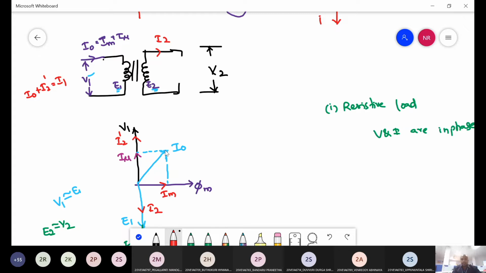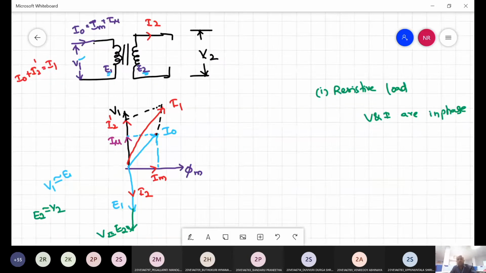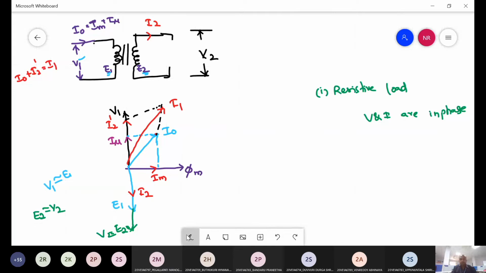So I naught is here, I2 dash is here. Then the vector sum of these two quantities is nothing but I1. This is for resistive load.